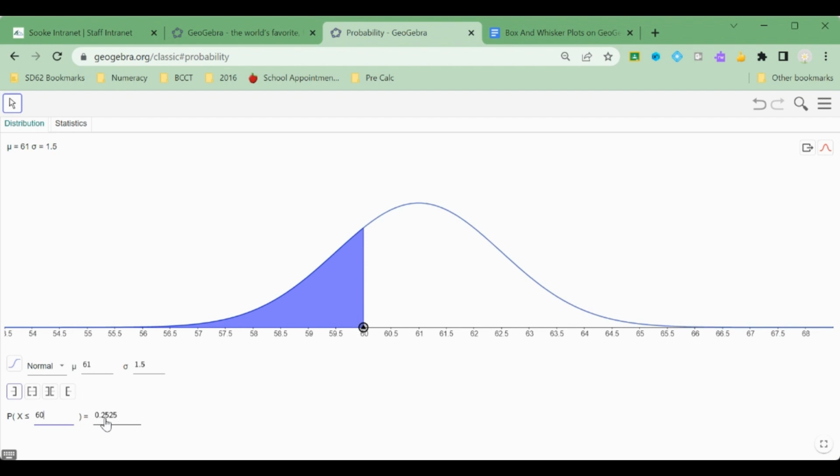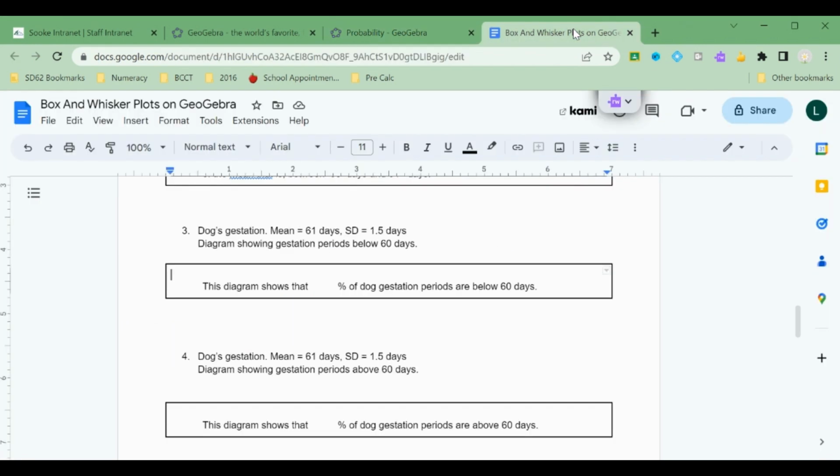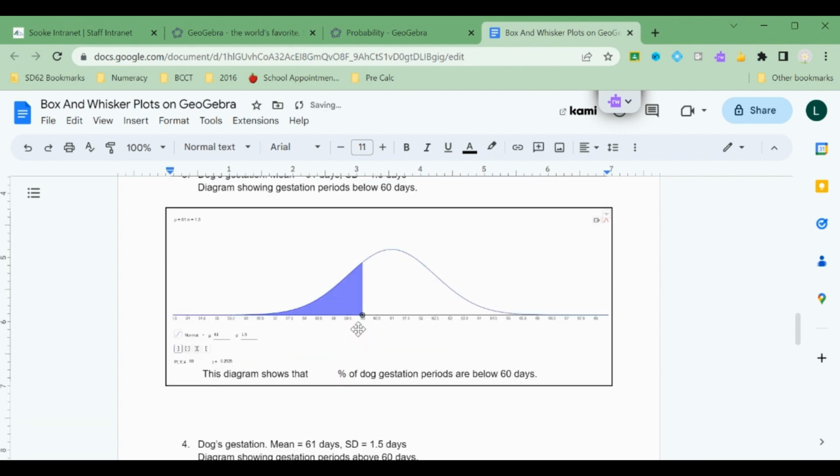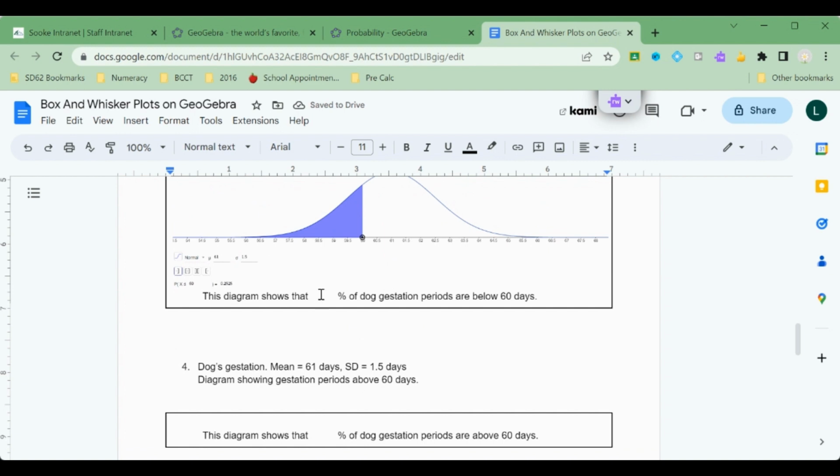And so this tells me that 25% of dog gestation periods are less than 60 days. So a quarter of all female dogs that are pregnant, their pregnancy will last less than 60 days. So this diagram shows that 25% of dog gestation periods are below 60 days.